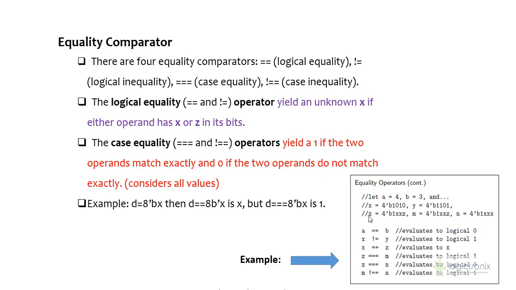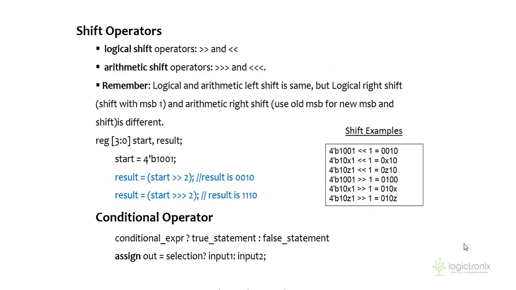Let's see, x has the 4-bit binary 1010 and y has the 4-bit binary 1101. If x double equals z, that is logical equality, which is not true, so it will give an undefined result. If z and m have the same value, it will give the logical 1 value. So this is the example.